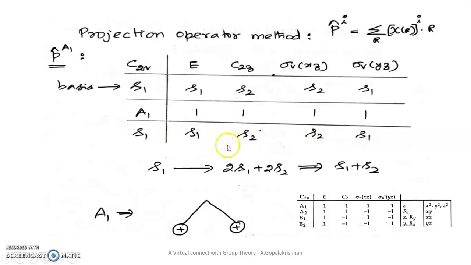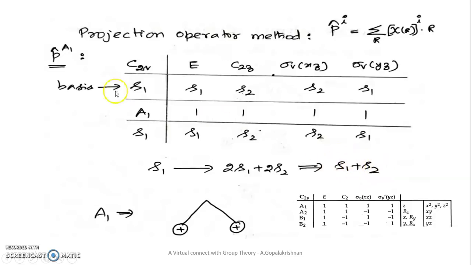If you add, you will get S1 plus S1, 2S1, and 2S2. We are not interested in the constants, so you take out the common value here. You remove the 2, and you will get S1 plus S2. This is our function.